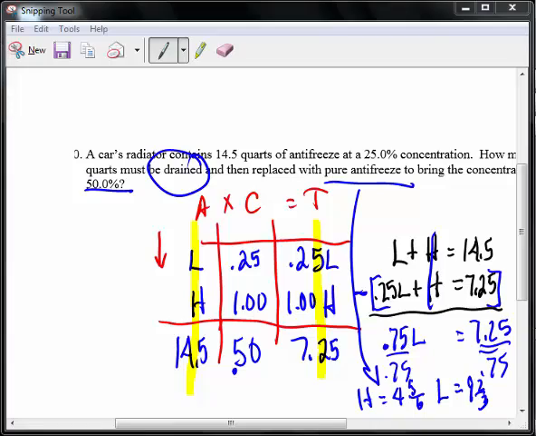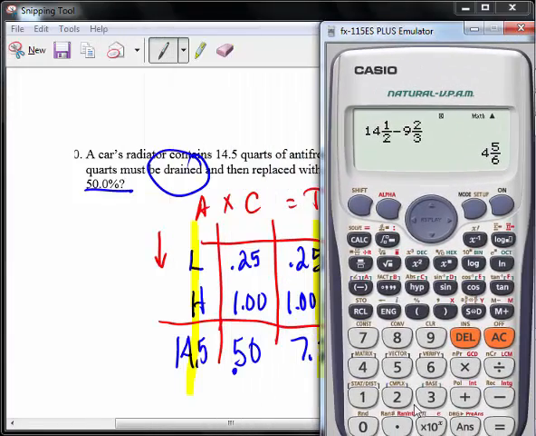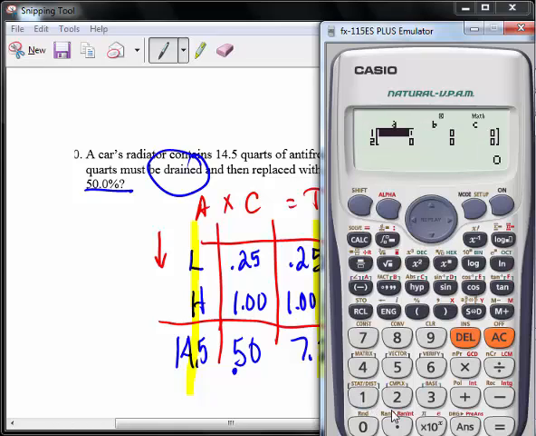Let's do it on our calculator just to check our work. Go to our formula here, low plus high. So we have to get to equation 5, and it's 2 equations and 2 unknowns.